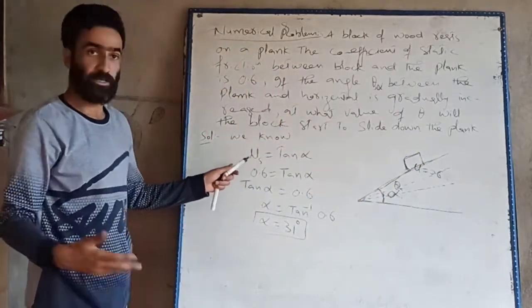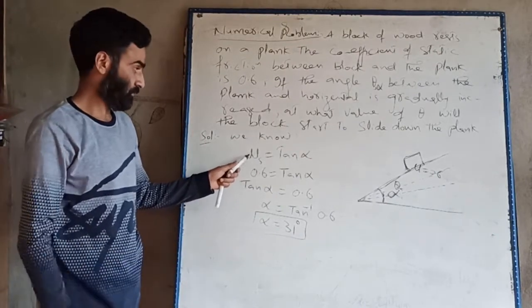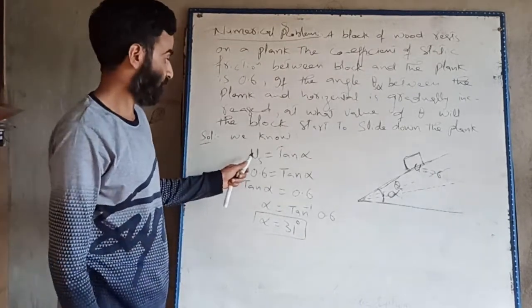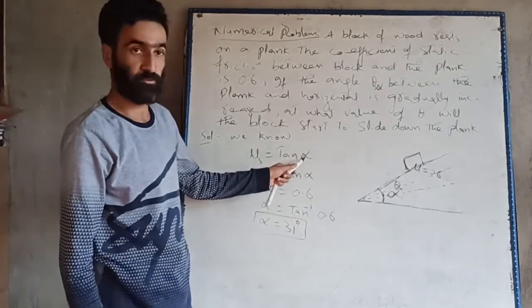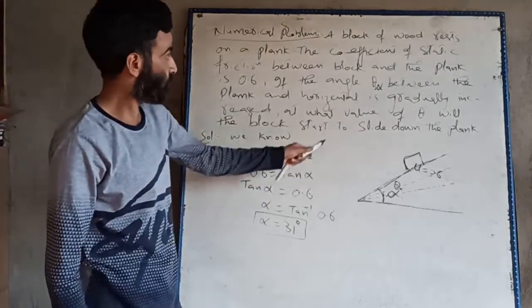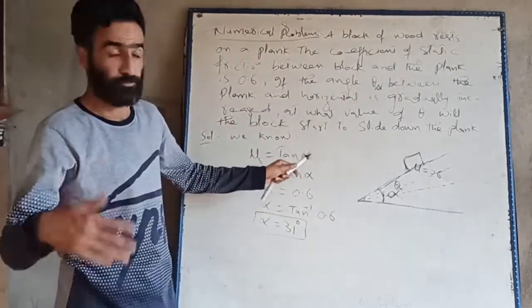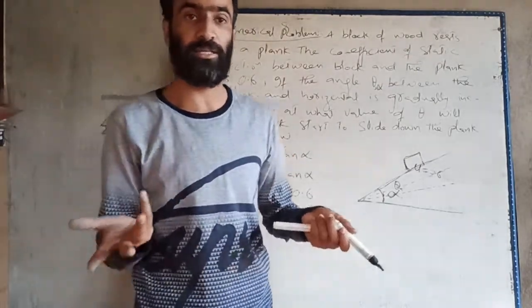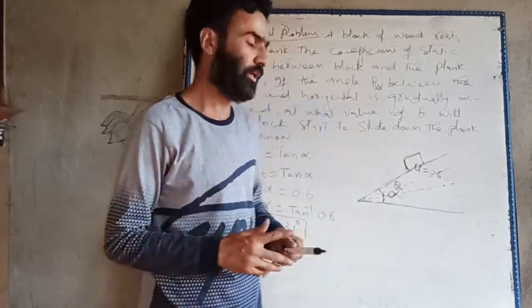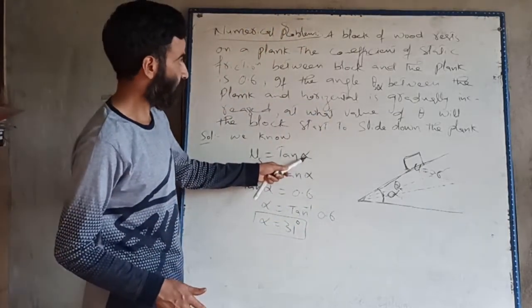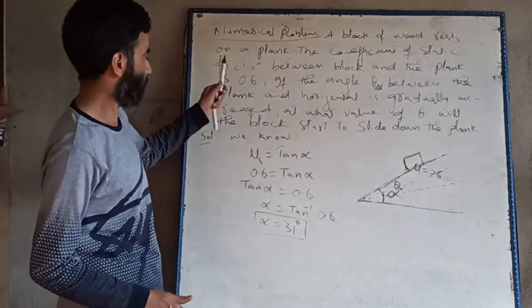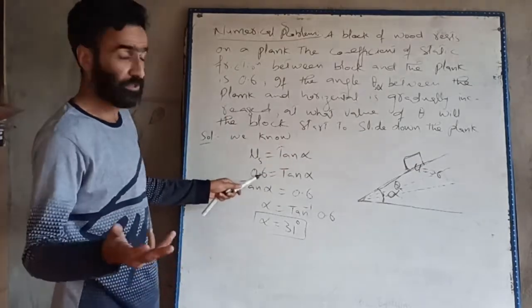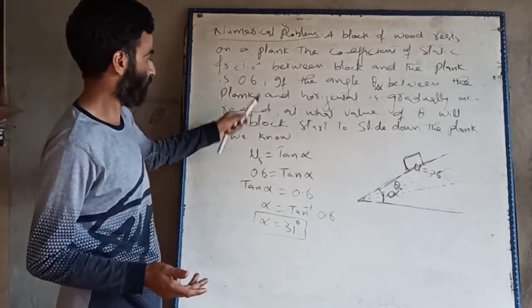By the law, we got that the coefficient of static friction is equal to tan of the angle of repose. Here the angle of repose is theta or alpha, and we got that these both angles are of equal value. So how much is alpha? We have to calculate. The coefficient of friction is given, it is 0.6.